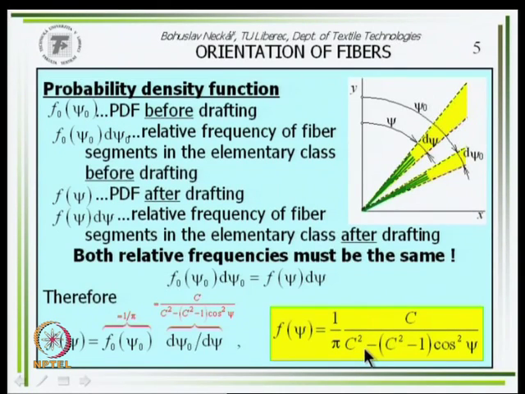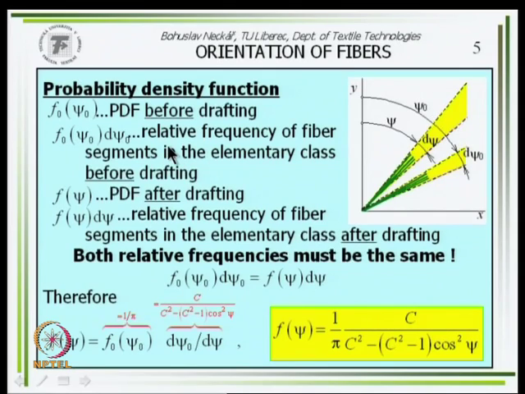Well, it was the discussion about one fiber. Now about all fibers. The starting situation was an isotropic structure, with probability density function f0 psi 0. You know that f0 psi 0 times d psi 0, probability density function times differential quantity, has some logical sense.